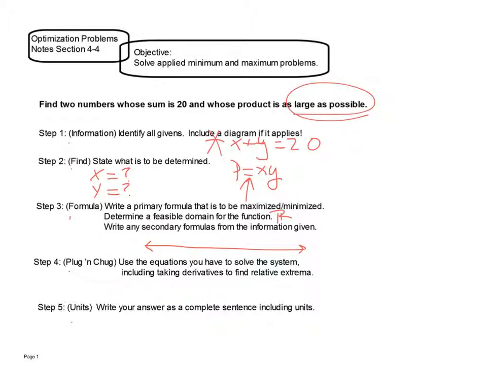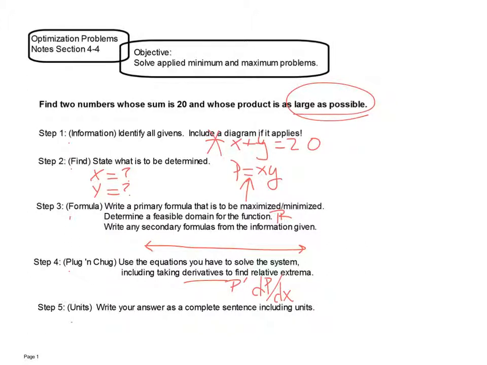And then step 4 is to start using the equations that you have to solve the system and take derivatives to find extrema. Well, what derivatives do we need to find? We need to maximize product, so we need to take the derivative of product. We need to find P prime or dP/dx or dy, depending on which variable you solve for.